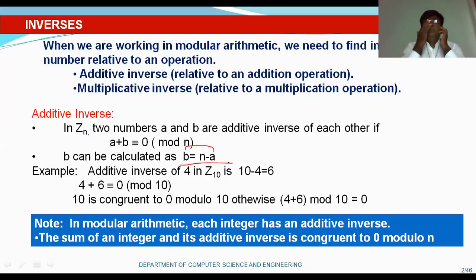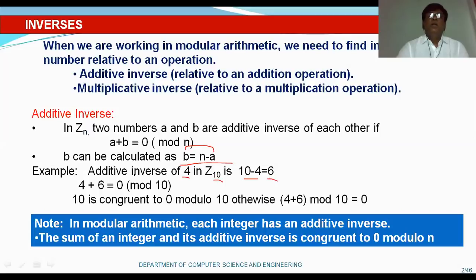Example: what is the additive inverse of 4 in Z10? Here 4 is a and 10 is n. To calculate the inverse value b, 10 minus 4 is equal to 6.